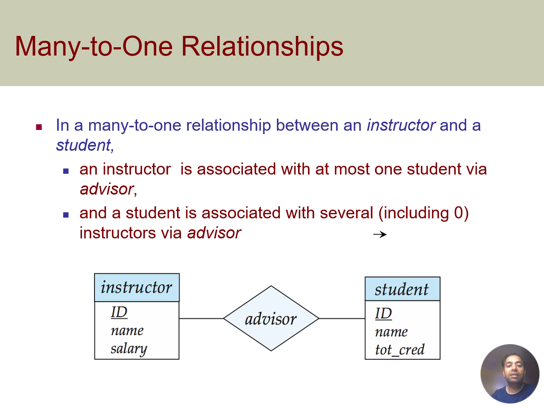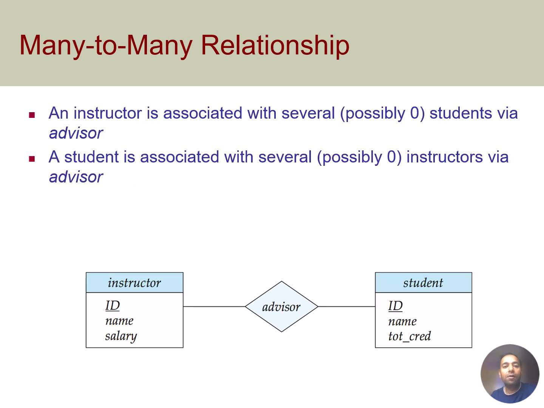Next, let's look at the many-to-many relationship. In a many-to-many relationship, entities on both sides can relate to many on the other. For instance, students and instructors may be connected through project supervision. A student might work with multiple instructors.